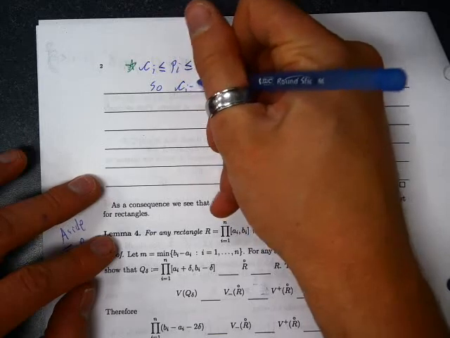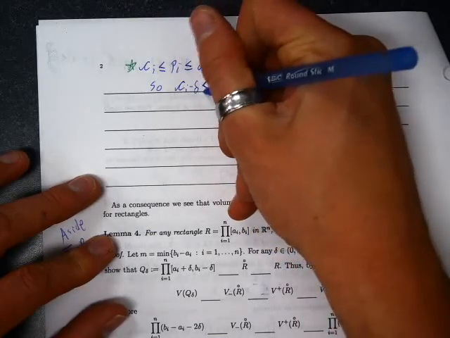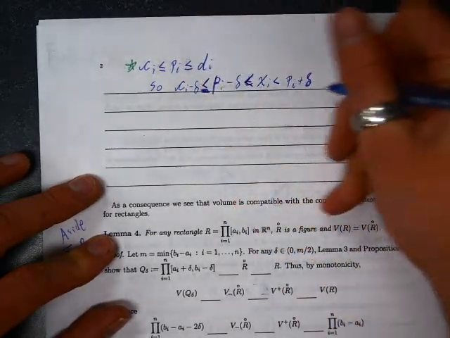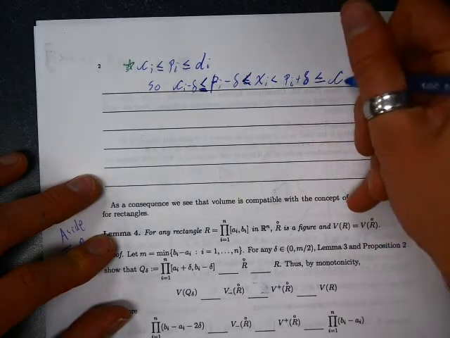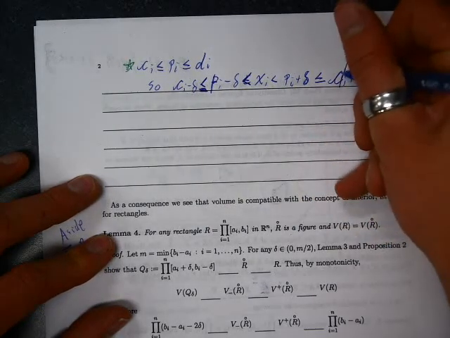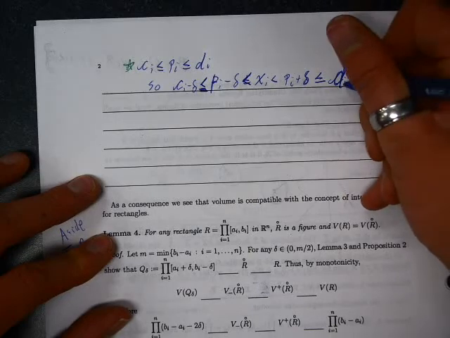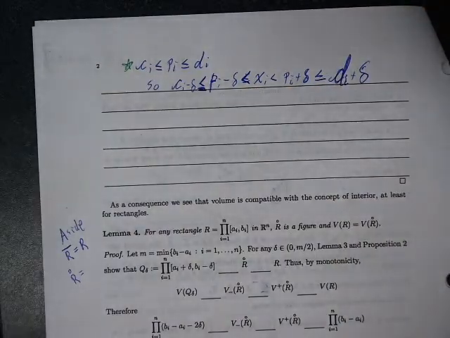Ci minus delta less than or equal to xi less than or equal to di plus delta. Yeah, it should be di. But that's still not what we need, is it?